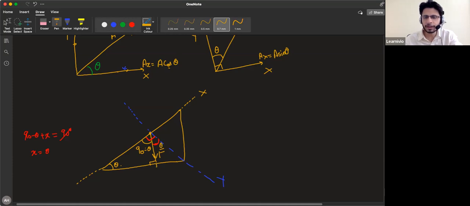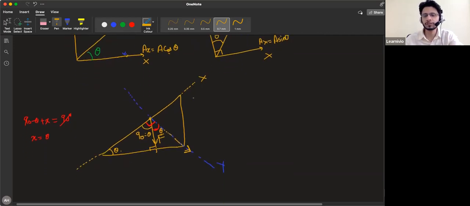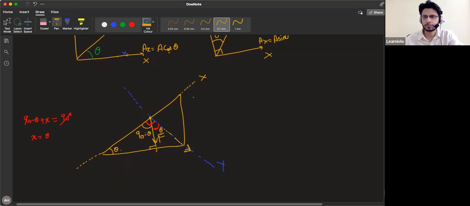So Hiba, if this angle is theta, can you calculate the component of f along this direction? This is f. This angle with this direction is theta. Can you calculate its component along this direction? This is the same thing that you answered before. Mamuna, will you try?